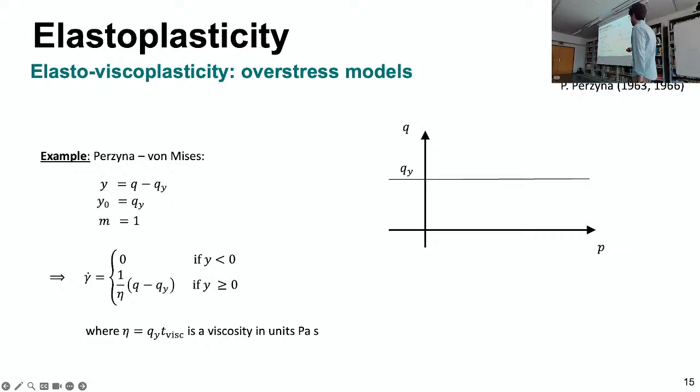I formulated eta now as a viscous parameter. I can rewrite this, and you see that this is essentially just Bingham. This is Bingham. Q is my equivalent shear stress, eta is my viscosity, and gamma dot is my strain rate, plastic strain rate to be precise in this context.